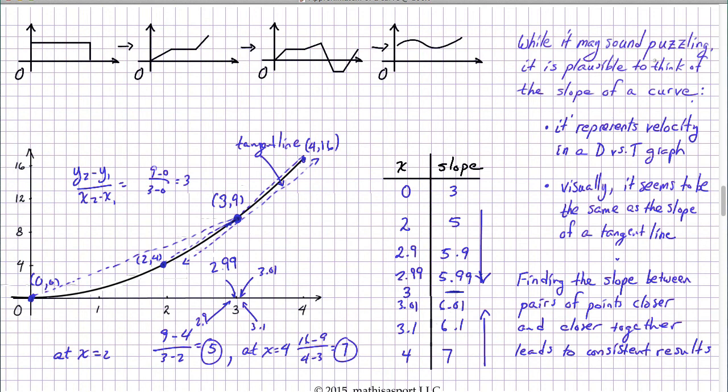The results seem to converge to one number. And so we're going to take it, based on that experimental evidence, that we can get a pretty good numerical approximation to the slope of a curve at any particular point simply by using this method.